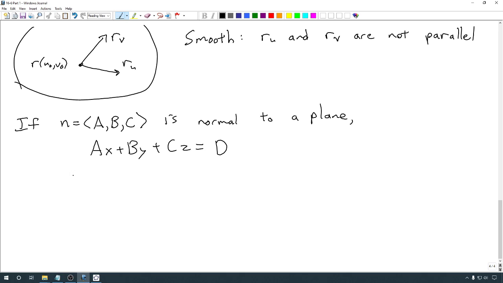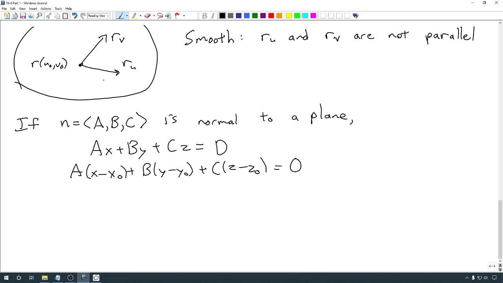Or you could also write this as a times (x minus x naught) plus b times (y minus y naught) plus c times (z minus z naught) equals 0, where (x naught, y naught, z naught) is some point on that plane. Either way works, but getting a normal vector to the plane allows you to get either of these equations pretty easily.